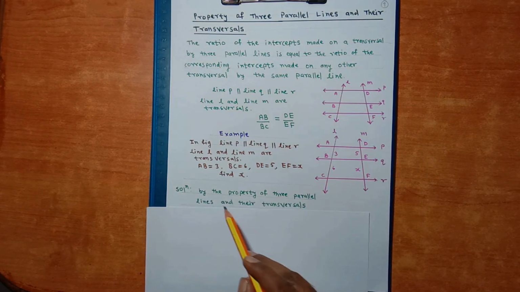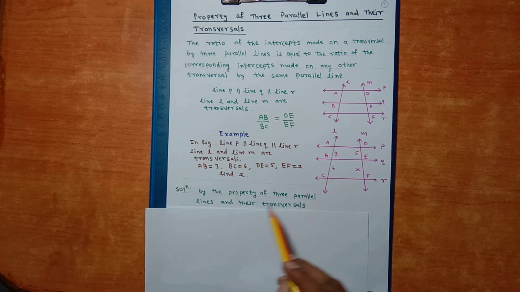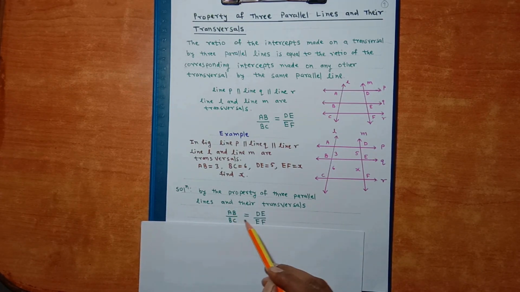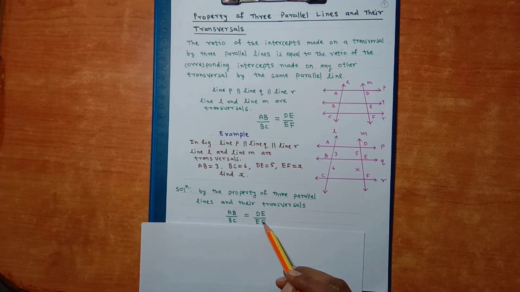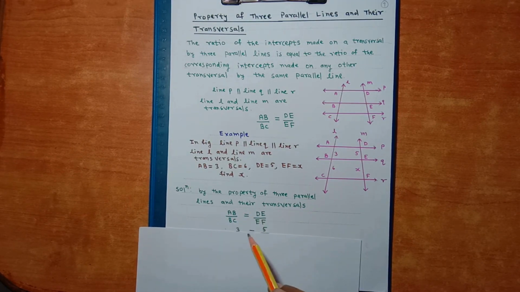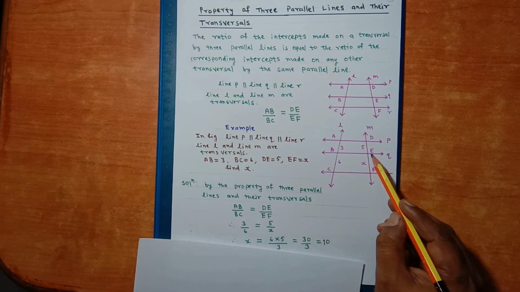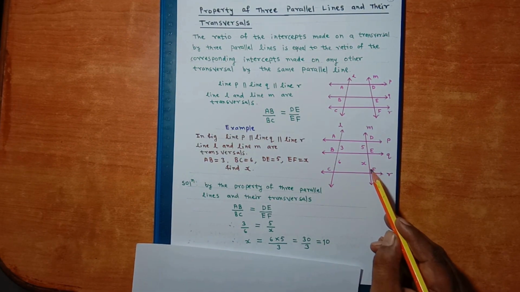Let us solve. By the property of three parallel lines and their transversals, we get AB upon BC is equal to DE upon EF. After substituting the values we get 3 upon 6 is equal to 5 upon x. Therefore x is equal to 6 into 5 upon 3 is equal to 30 upon 3 is equal to 10. Length of intercept EF is 10.